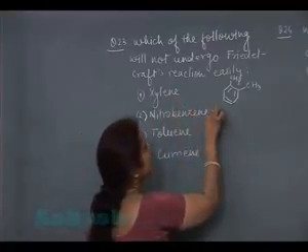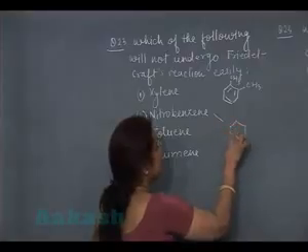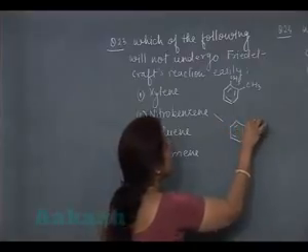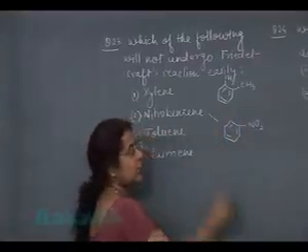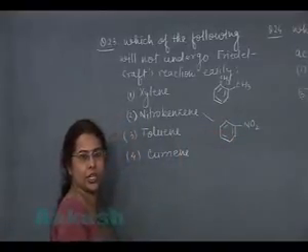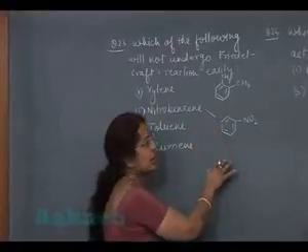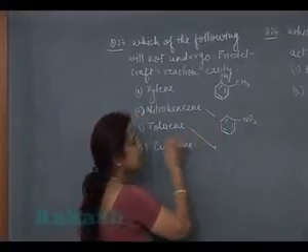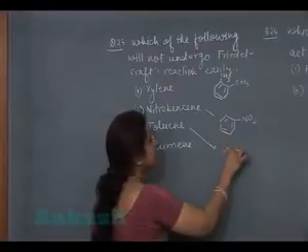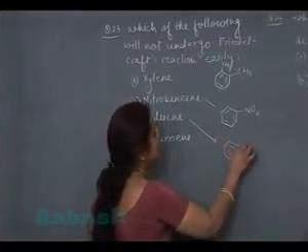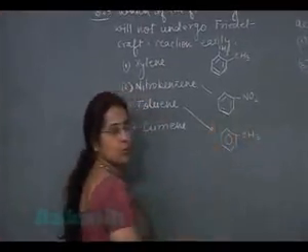The second option is nitrobenzene. If nitro group is attached to the benzene ring, being a ring deactivating group, the electrophilic substitution reaction becomes quite difficult. Third option is toluene. In the structure of toluene, there is 1 methyl group which is attached to benzene ring.